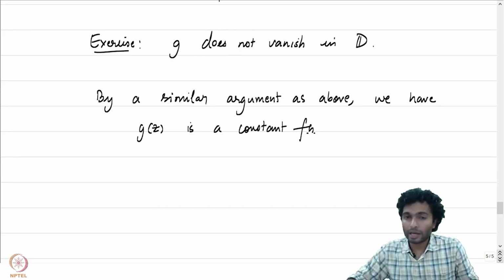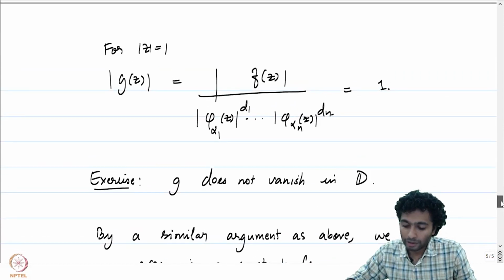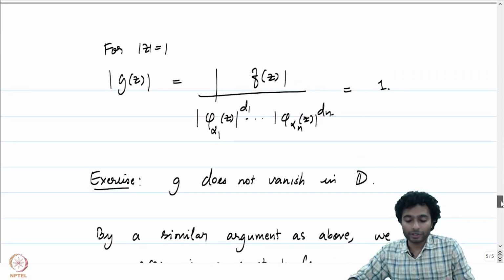And we also know that the absolute value of g of z is equal to 1, and therefore the constant has to be a point on the unit circle.